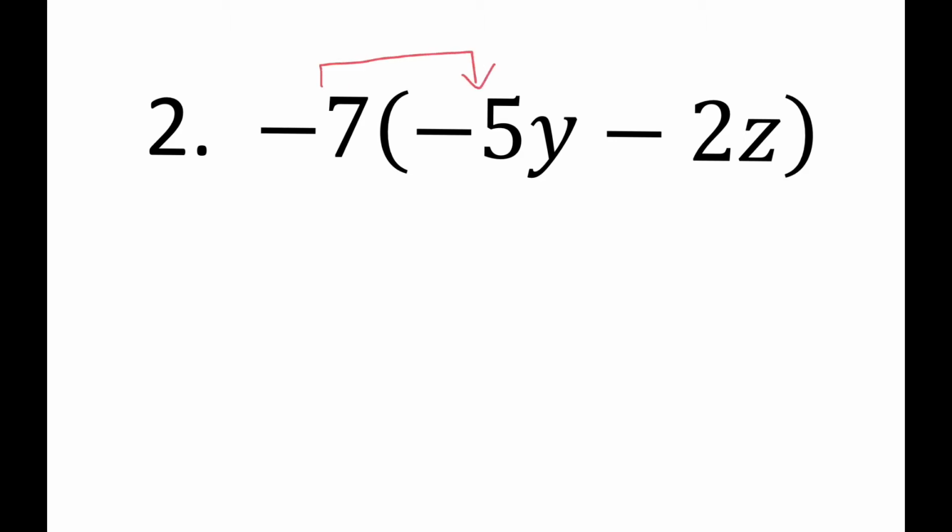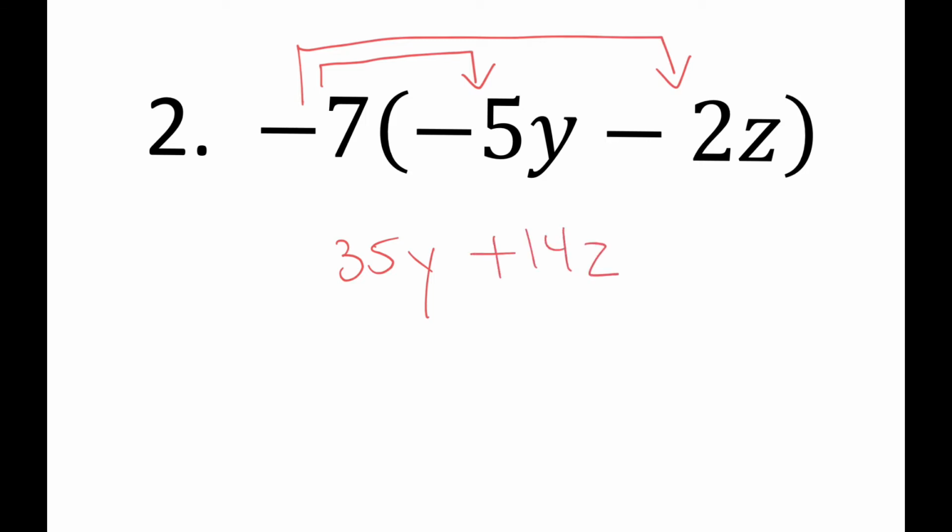That's going to be positive 35y. Notice it's positive because it's a negative times a negative. That'll be a positive. And the next one will be a negative 7 times negative 2z. That's going to be a positive 14z. Again, those are not like terms, so we have the answer here.